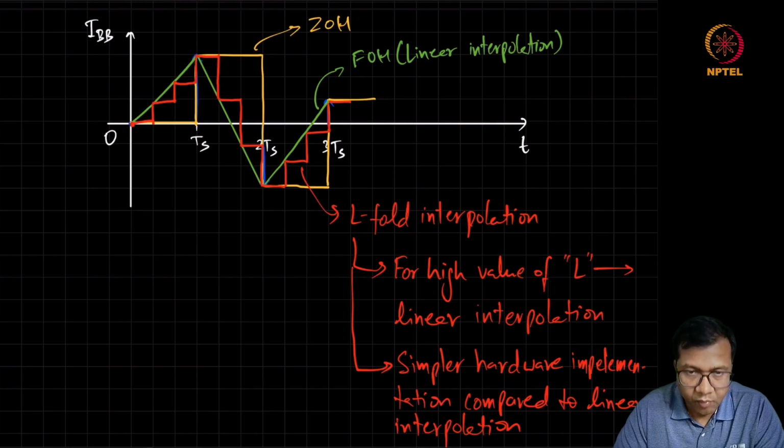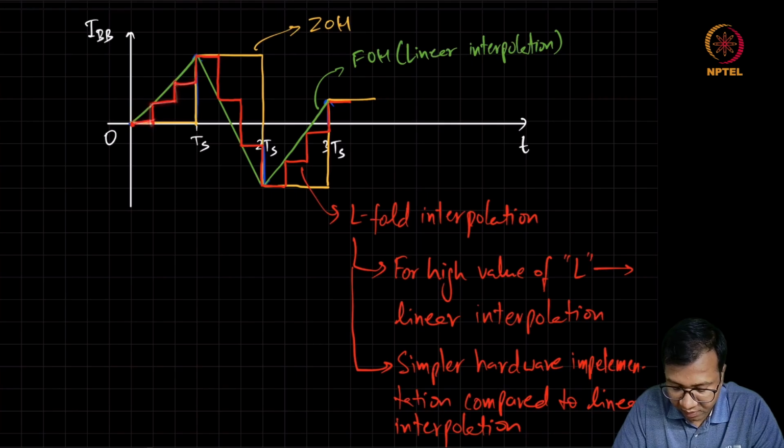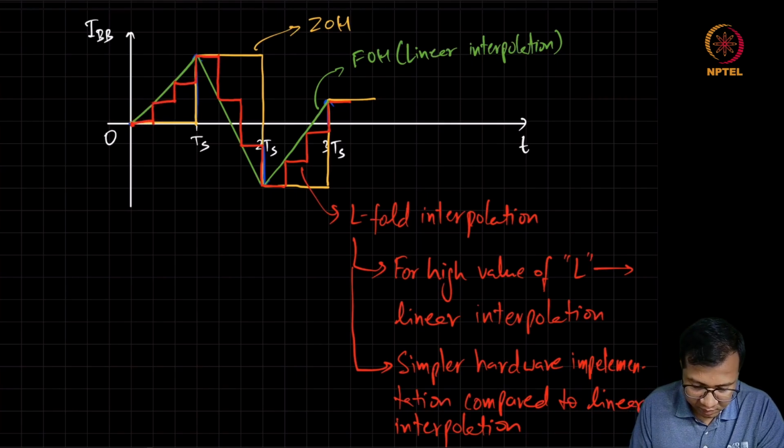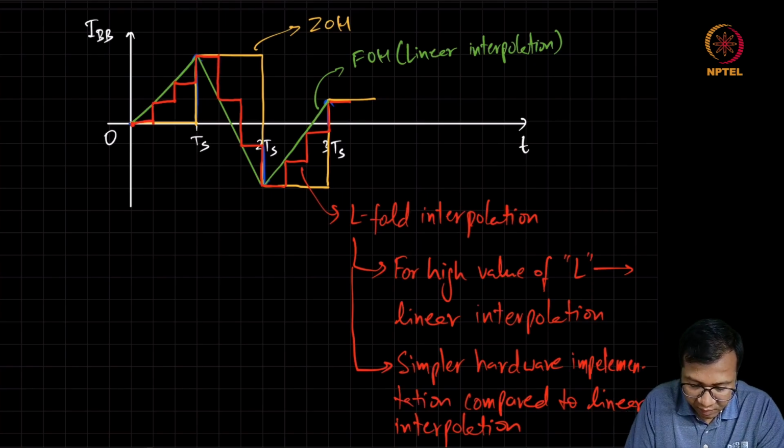So we can briefly take a look at how this 3-fold interpolation can be realized with a simple hardware. Looking at this staircase output of the L-fold interpolation, we can already see that if we want to go from one sample to another sample, first we can reduce the step size to 1 by Lth value of the actual step size.